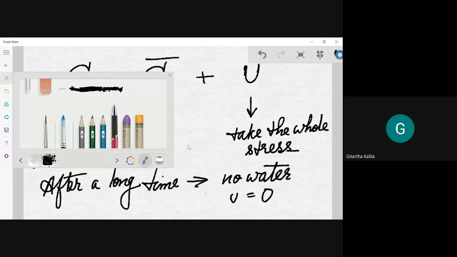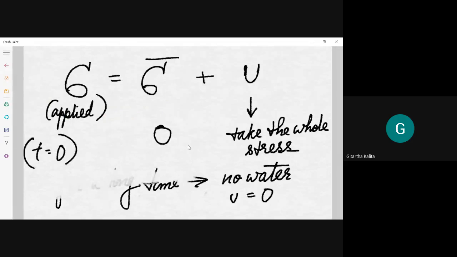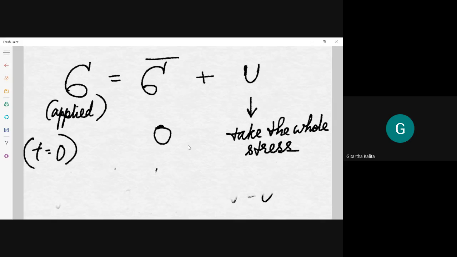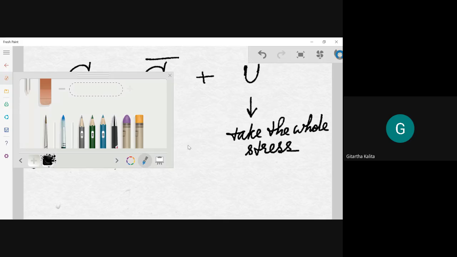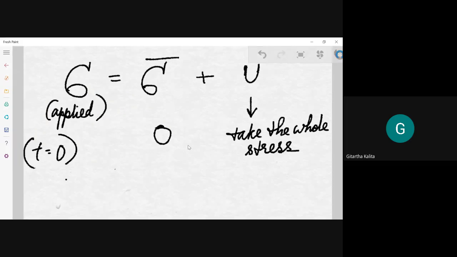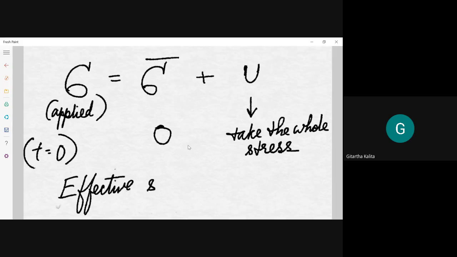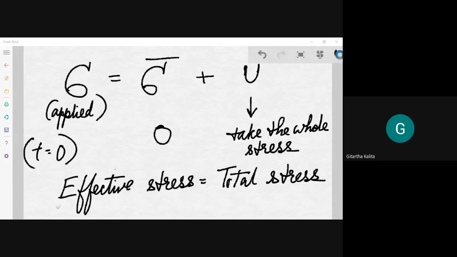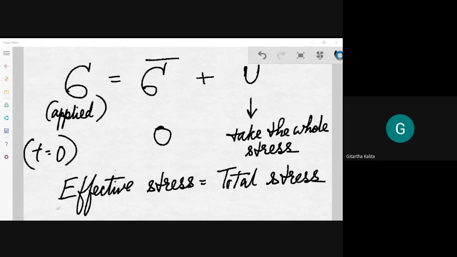Okay, so what will be the effective stress? At the final stage, effective stress is equal to total stress. That means ultimately, effective stress is taken by the soil particles, as I have given you in the previous class.